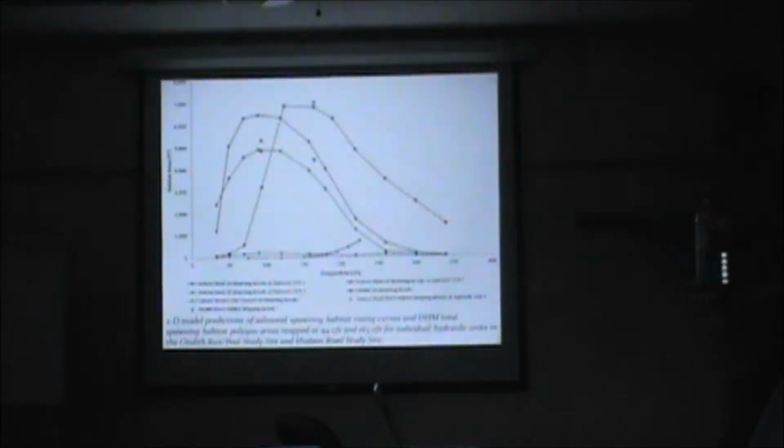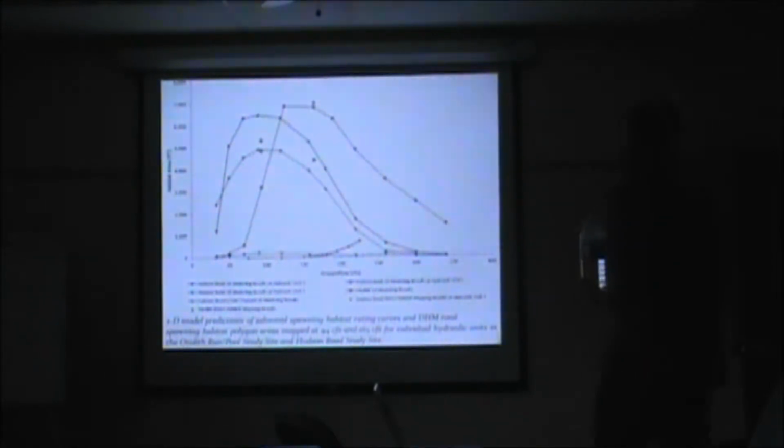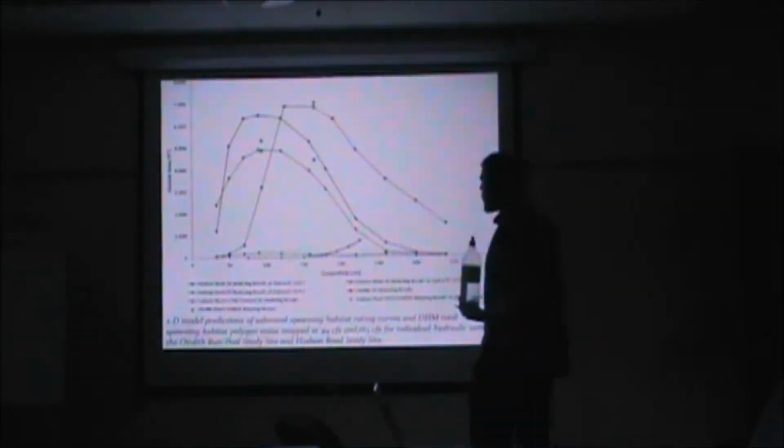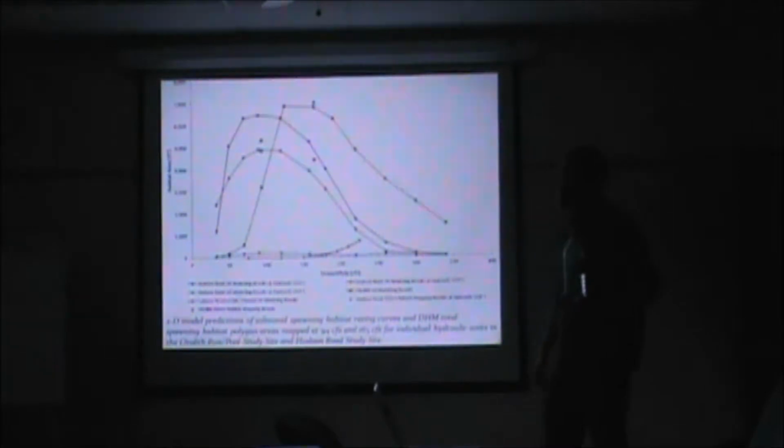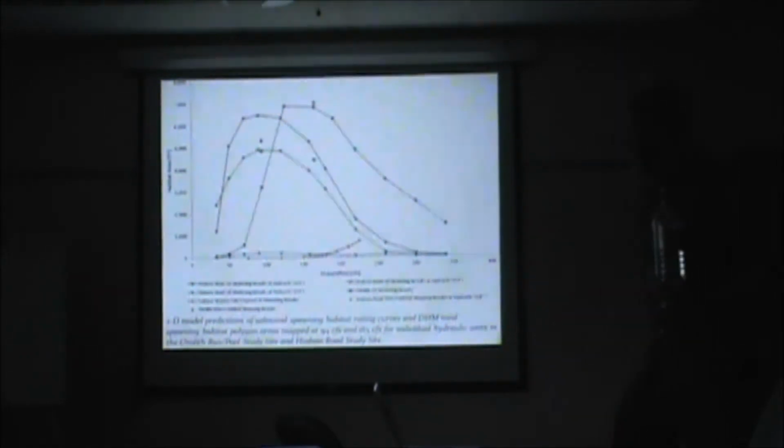Here's a look at habitat rating curves for spawning, like we were discussing. You'll notice these are curves that are peaking at different times. At the Hudson Road sites and the Salmon Heaven site, you see pretty good habitat available for spawning by 70 CFS.